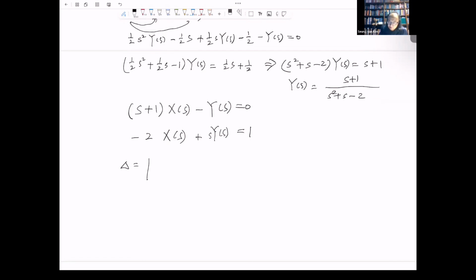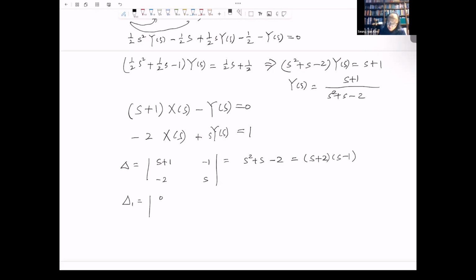Delta equals the determinant of s plus 1, negative 1, negative 2, positive s, which is ad, s squared plus s, minus bc, 2. That is (s plus 2)(s minus 1).